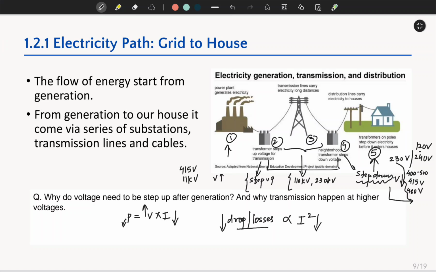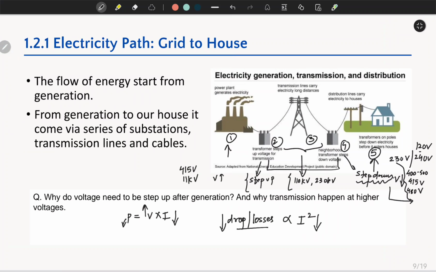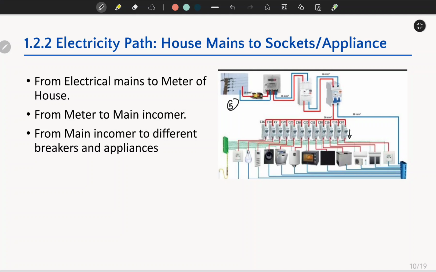So in this part, we have seen how my power is transferred from the generation point to my house mains. Now the next part is how the power is transferred from my mains, which is this, which we have seen earlier, the fifth point, to my appliances.